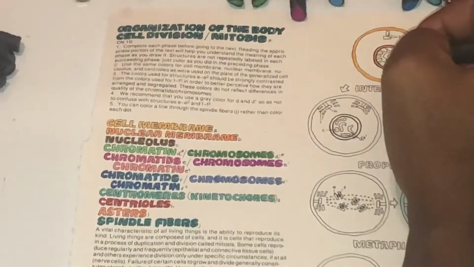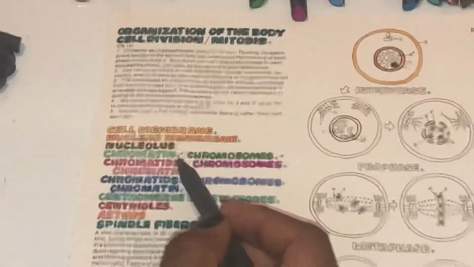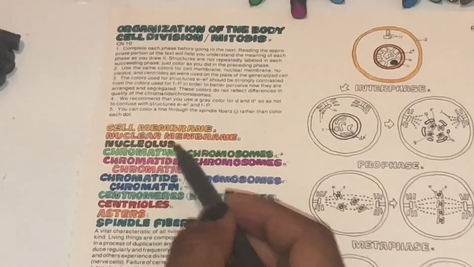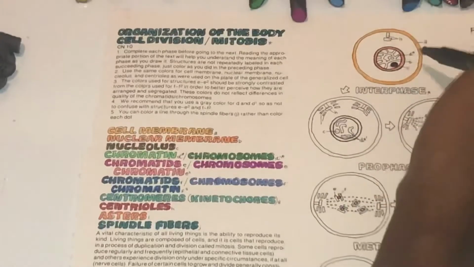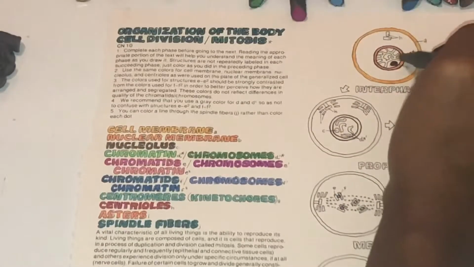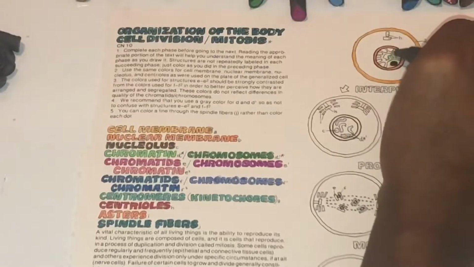Coloring in that nucleus. And the chromatin here is the D star, and I'll color that the light green color.